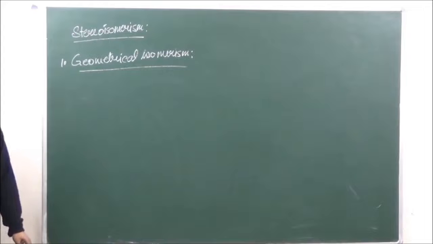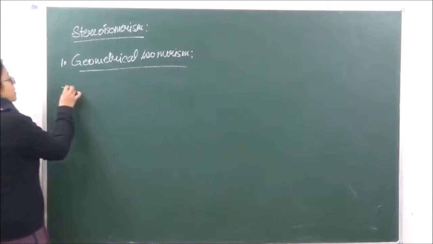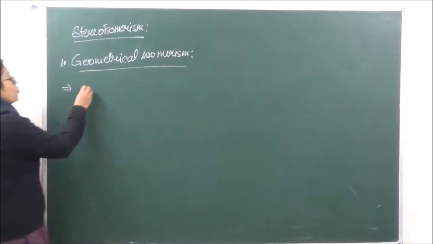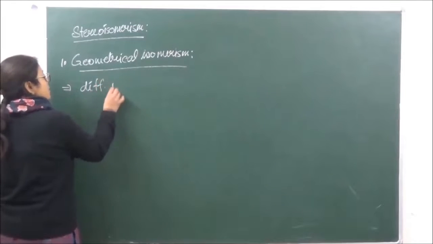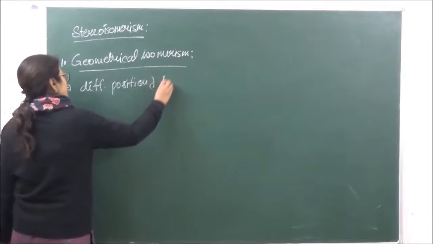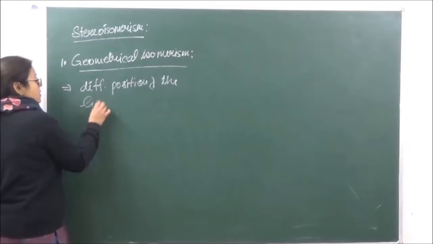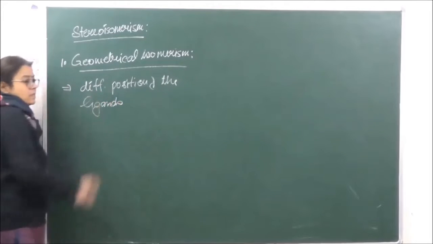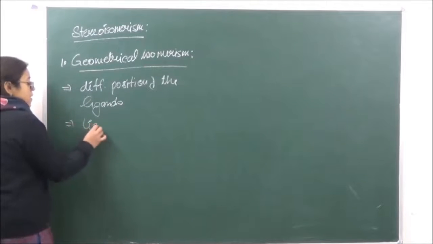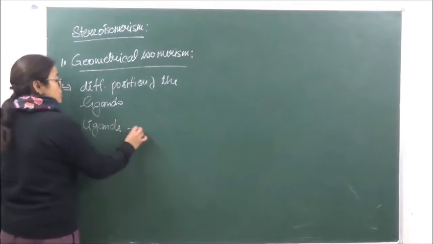In case of geometrical isomerism, the isomerism arising due to different positions of the ligands, different positions of the ligands around the central metal atom or ion, that is known as geometrical isomerism.